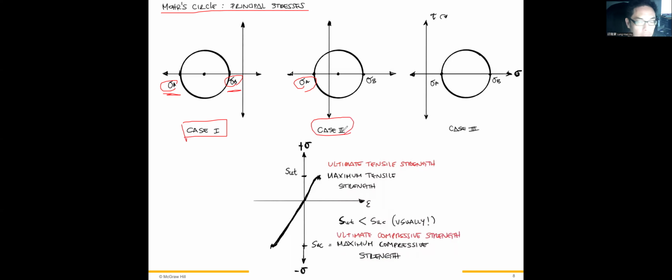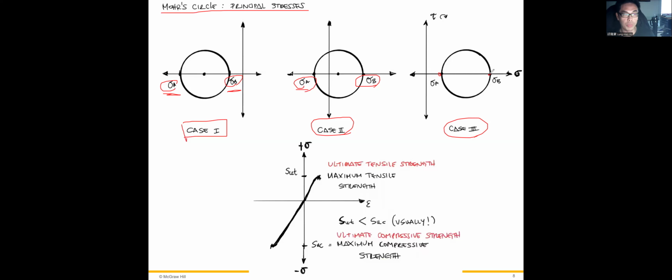Okay, so what is case 2? It means sigma A and sigma B have opposite signs, right? And for case 3, sigma A and sigma B are both positive.